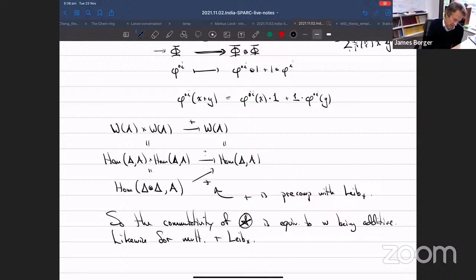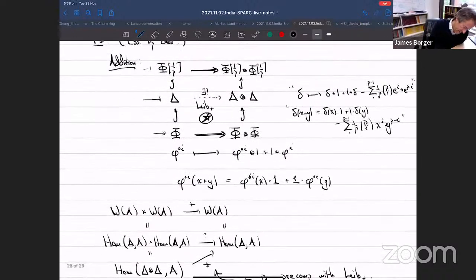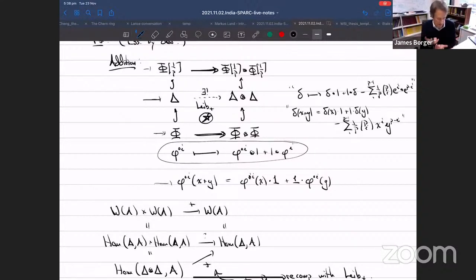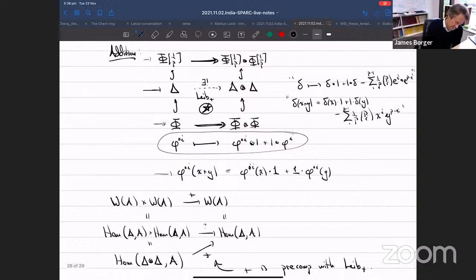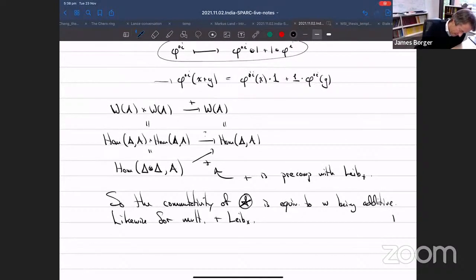The Leibniz rule for times would be the exact same diagram, except this map would be different. It would be phi composed with I, tensor phi composed with I, because phi composed with I of a product, x times y, is the product of the two things, not the sum of the two things. Let me leave it at that.